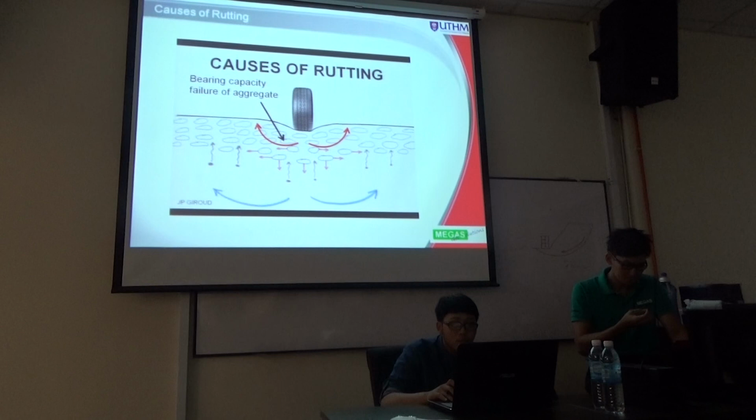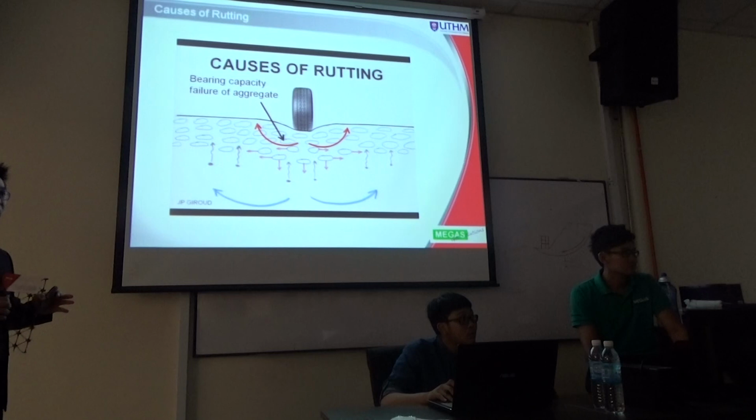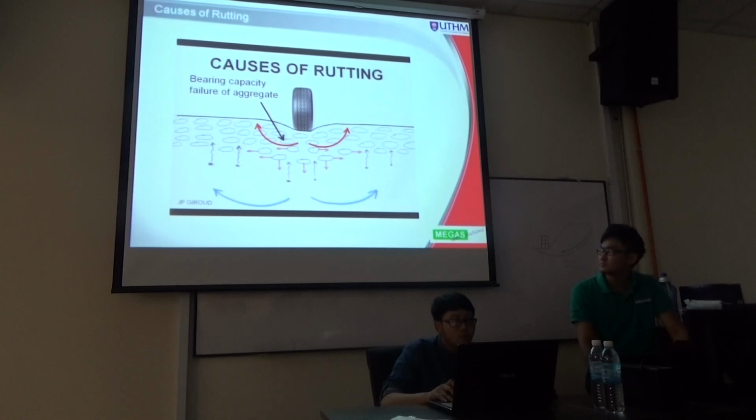Okay? So do you understand what rutting is? Don't understand what rutting is? Rutting is actually a settlement of the road. So you can see that the wheel path has this type of settlement. But the measurement of rutting and deformation is different.